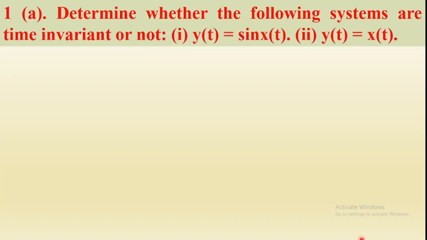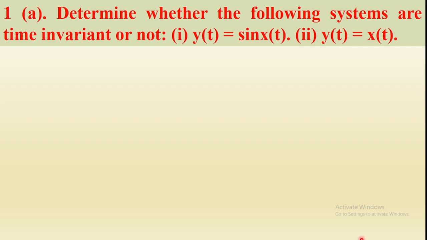Question number 1a: determine whether the following systems are time invariant or not. First bit, y of t is equal to sin of x of t, and second bit, y of t is equal to x of t. Find out whether the given system is time invariant or time variant.